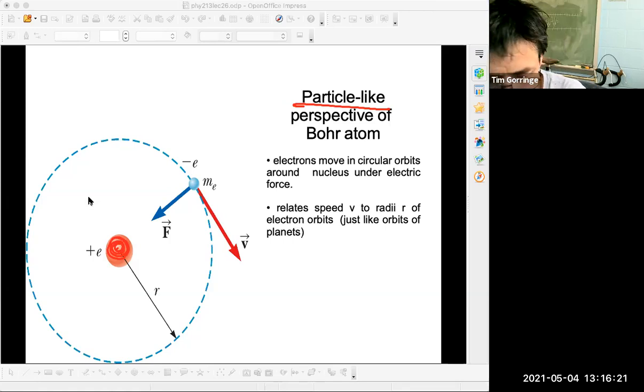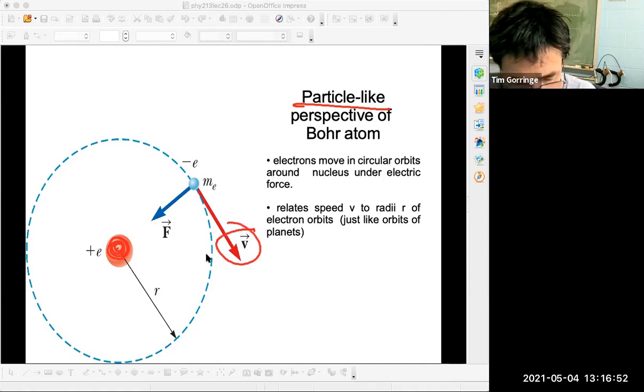And in that particle-like picture of an atom, where the electrons are circling around the nucleus, just like in a picture of the solar system where the Earth is circling around the sun, the understanding here that the electrical interaction rather than gravitational interaction provides the centripetal force for the circular motion, that understanding relates the speed that the electron is traveling around the atom, so this guy here, its speed, to the radius of the orbits of the atom.